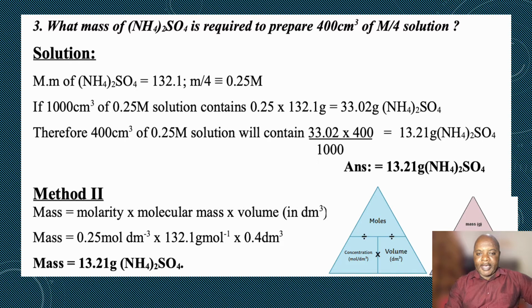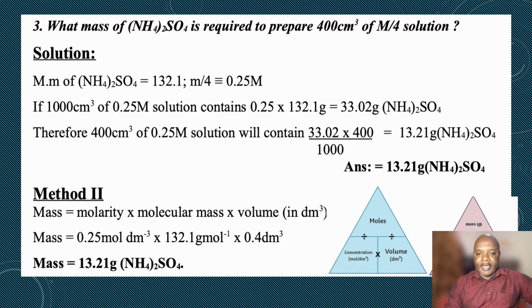To solve this one, concentration from this triangle here, concentration is equal to moles divided by the volume in dm cube. Therefore, moles will be equal to concentration times the volume.